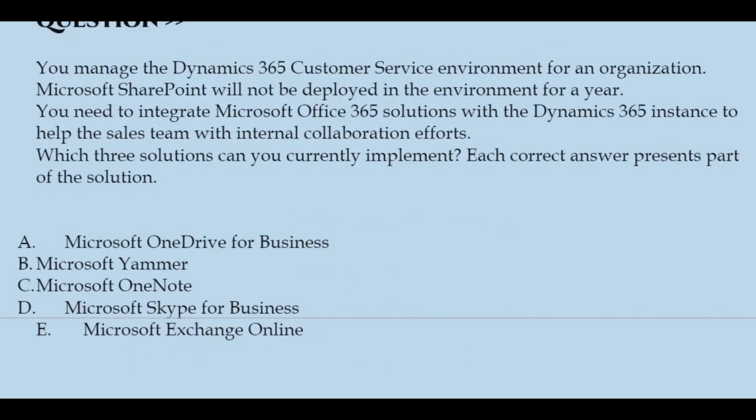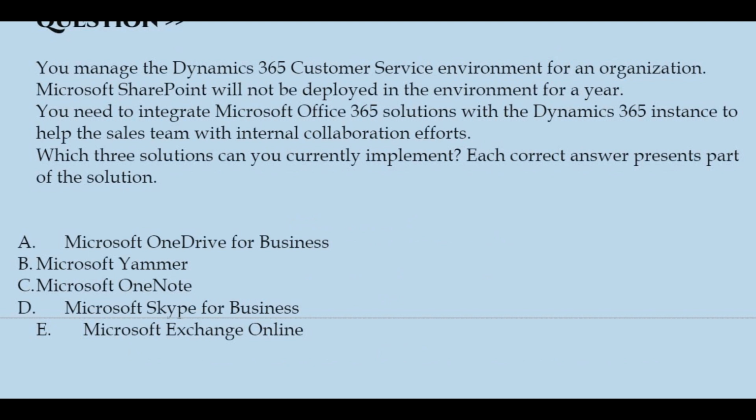The question is, you manage the Dynamics 365 customer service environment for an organization. Microsoft SharePoint will be deployed in the environment for a year. You need to integrate Microsoft Office 365 solution with the Dynamics 365 instance to help the sales team with internal collaboration effort.